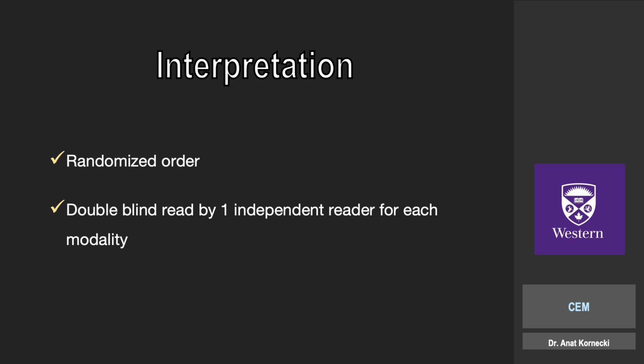One will be randomized to read only the tomosynthesis. One will be randomized to read only the contrast-enhanced mammography exam. They will not be aware of the results, and they cannot use the contrast imaging as a reference toward the decision. So it needs to be outside of the contrast-enhanced mammography.